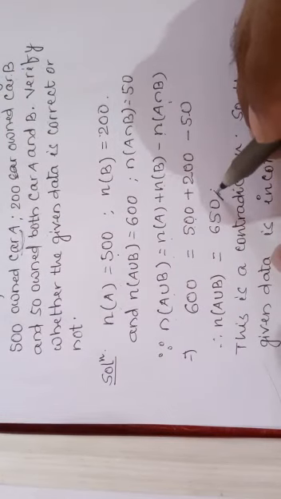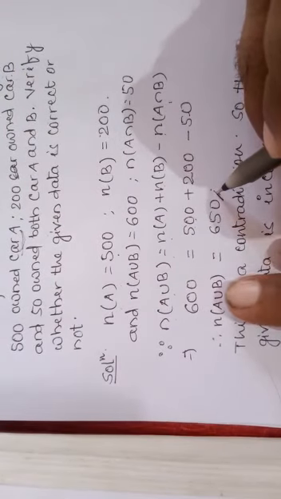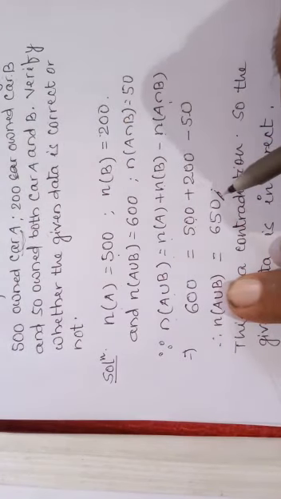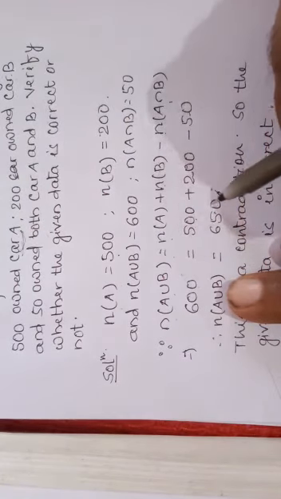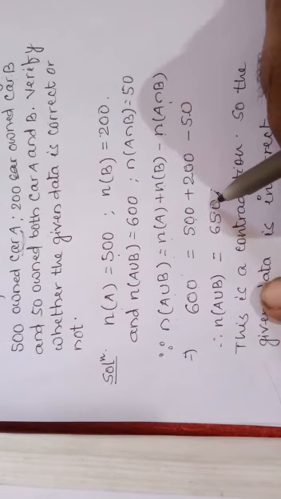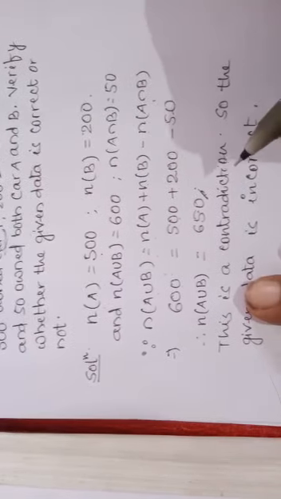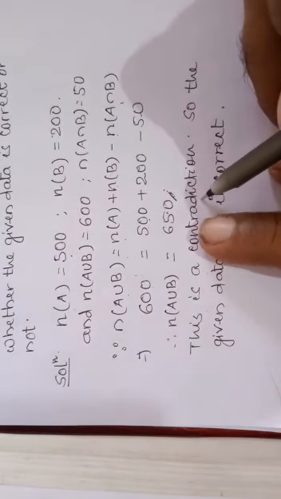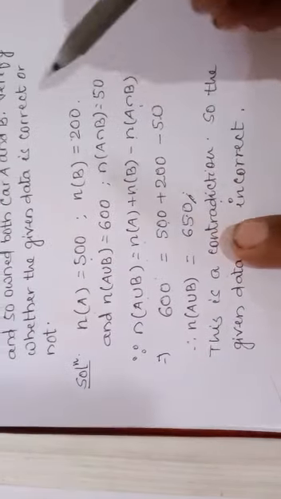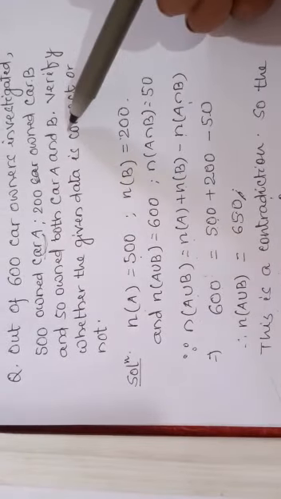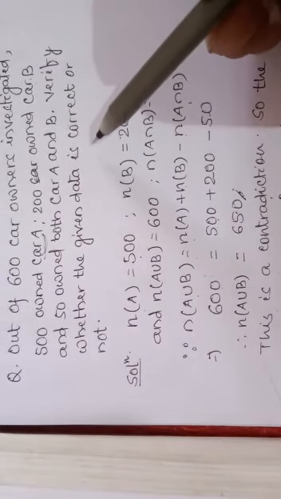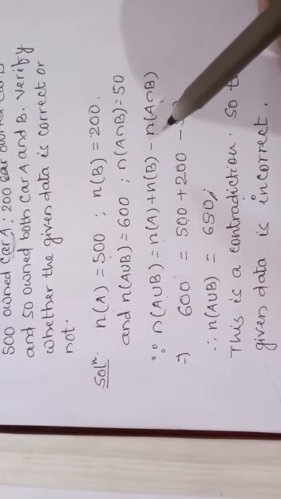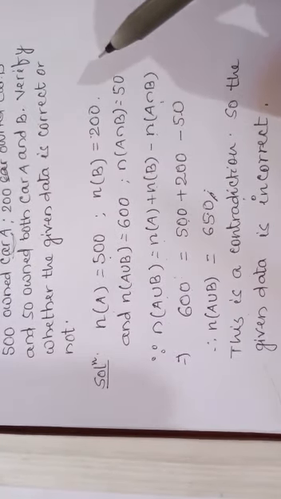Our result is 650, which gives a contradiction, because 650 and 600 are totally different. So according to the given data, this is not correct, means the given data is incorrect.